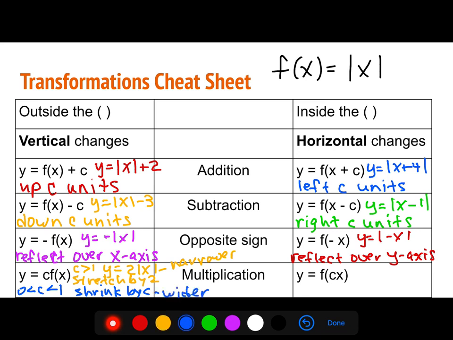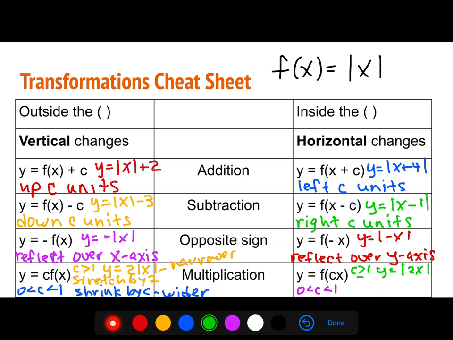Now I almost always don't use the one that's coming next, which is the c inside with the x. That would be something like, for c greater than 1, y equals absolute value of 2x. And then the other one would be something like a fraction inside. I don't use those very often, but those are going to be horizontal stretches and shrinks.